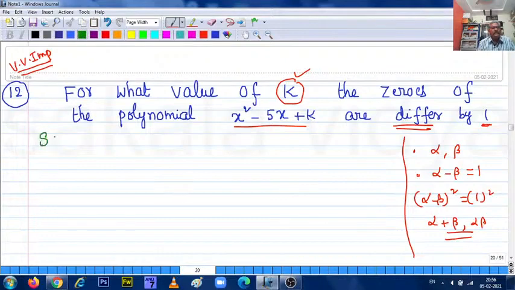Now the solution. Here given, p of x equals x square minus 5x plus k.